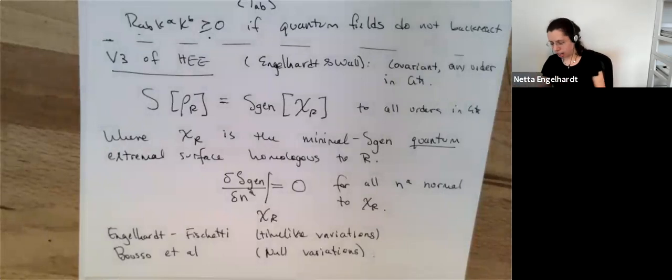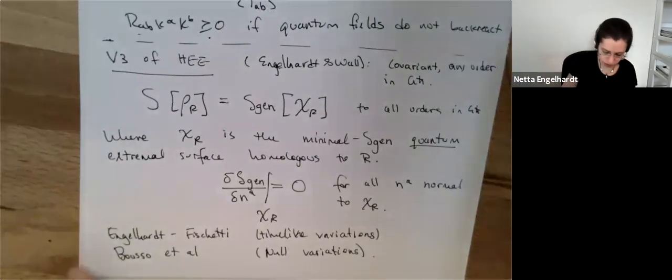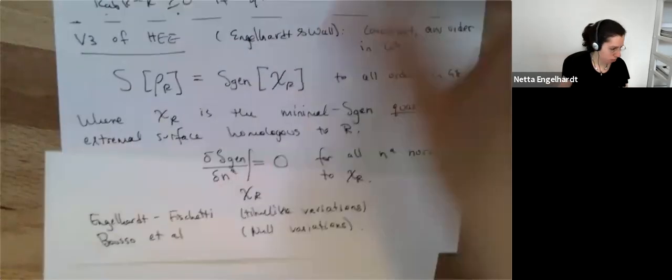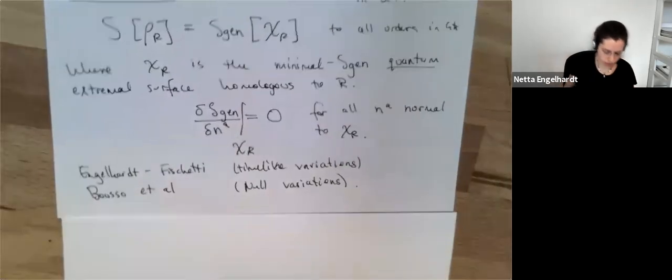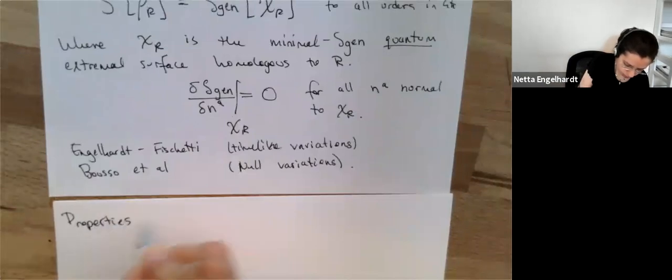So a couple of comments on why quantum extremal surfaces are weird and what you can and cannot do with them. So to begin with, you can prove causal wedge inclusion for quantum extremal surfaces using just the generalized second law. So these are properties of quantum extremal surfaces.